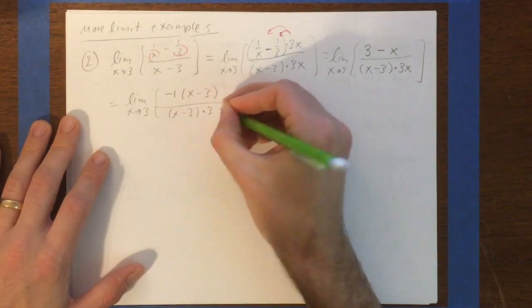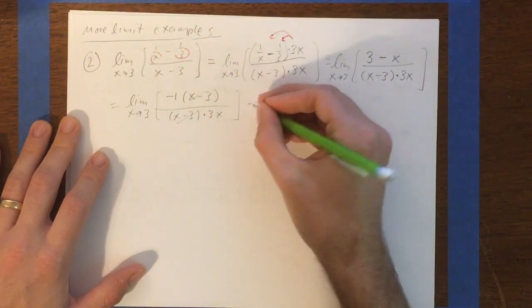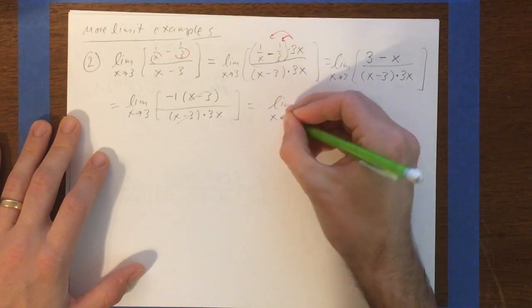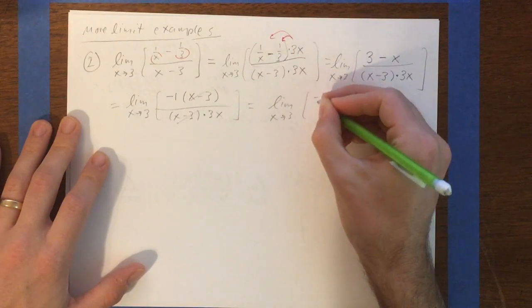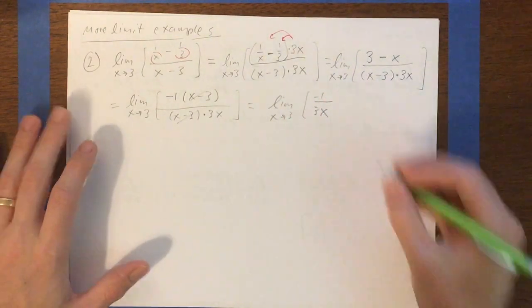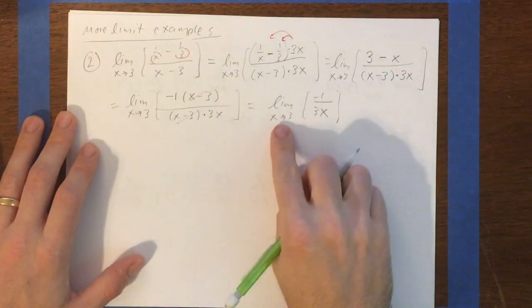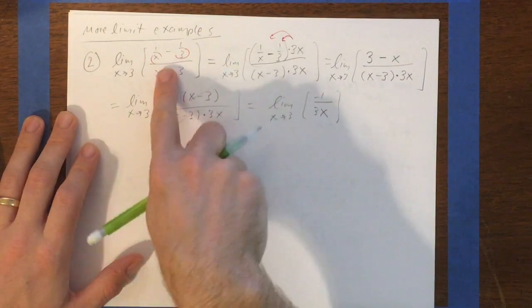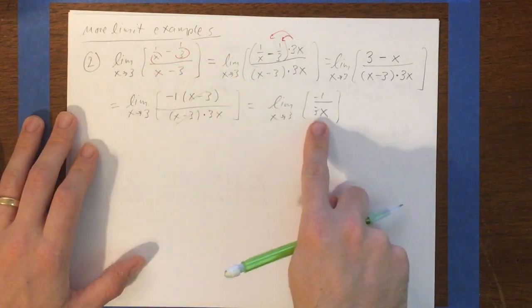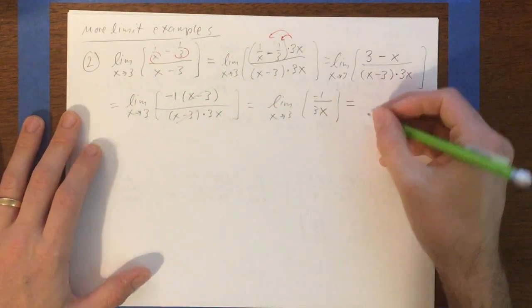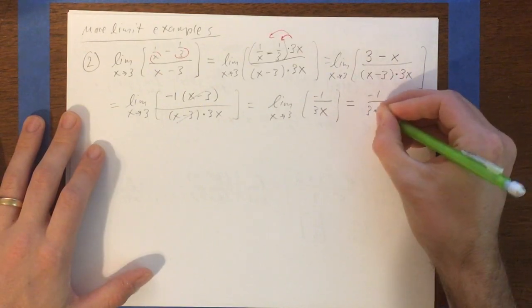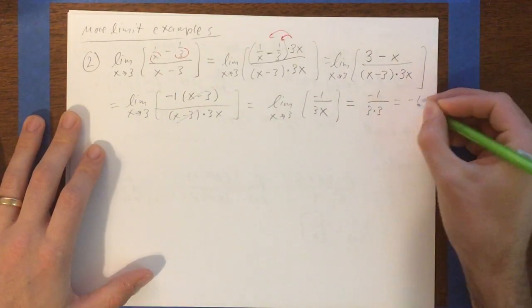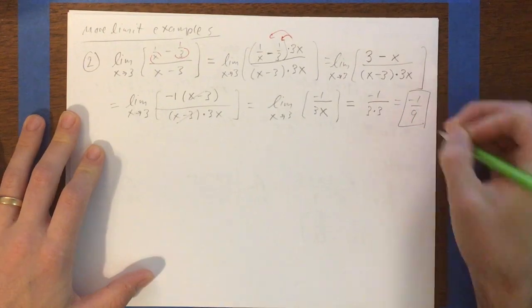And now I'm ready to cancel that factor, simplifying to -1 over 3x, which is now something which is defined at 3. It's equivalent to what we started with, except at 3. So I can go ahead and apply direct substitution and get my limit value of -1/9.